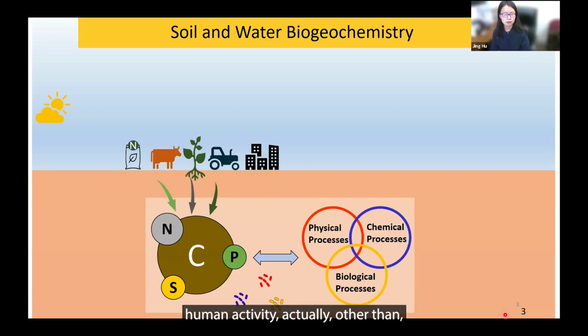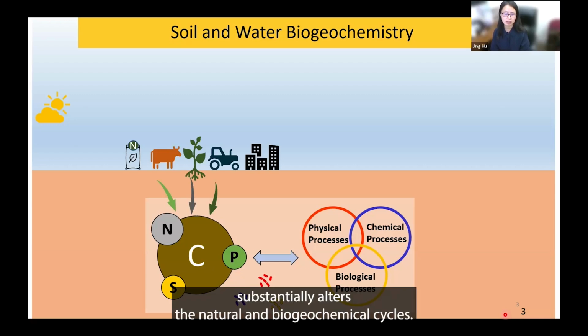Human activity substantially alters the natural biogeochemical cycles.